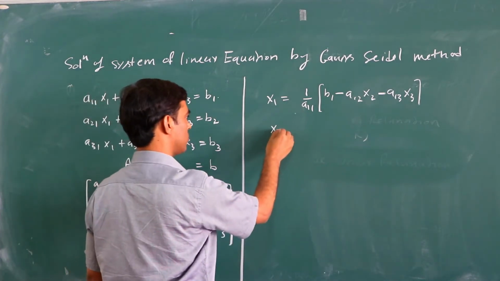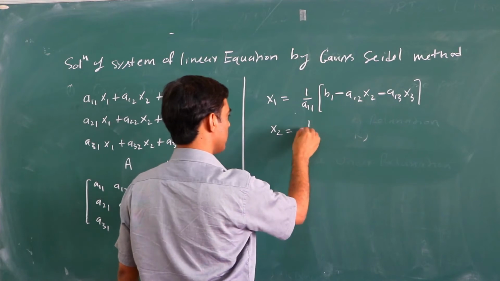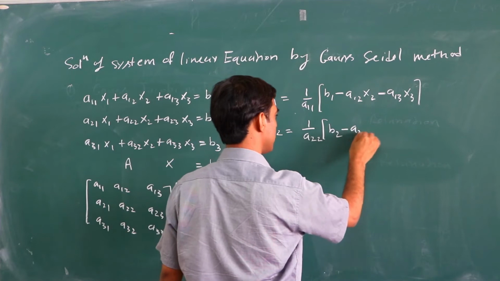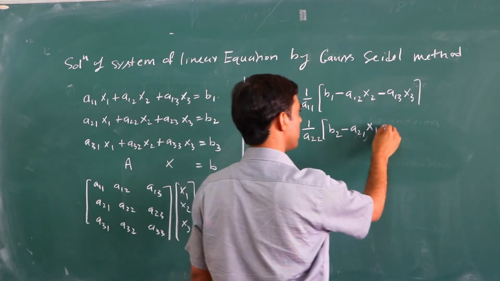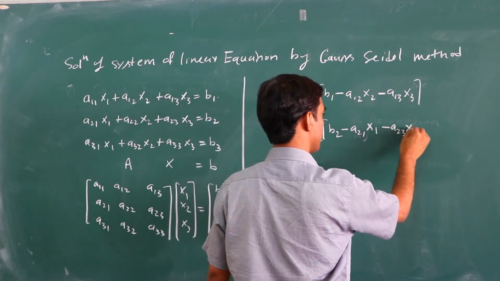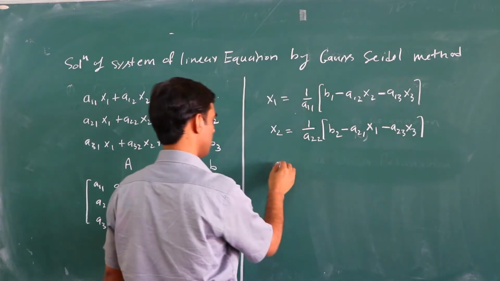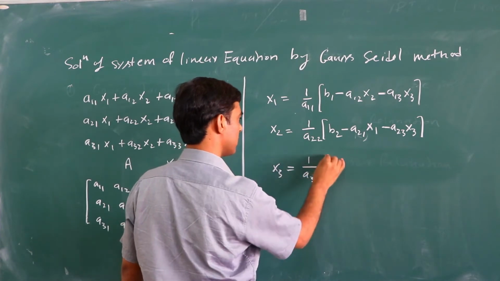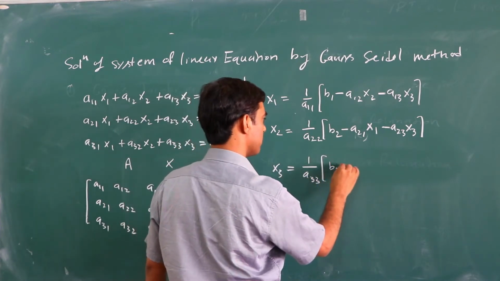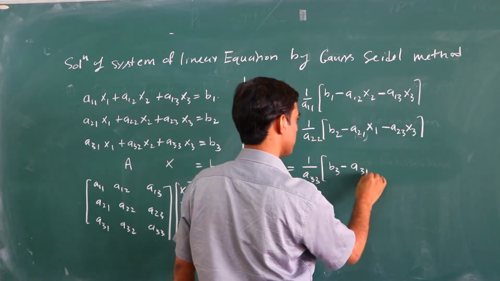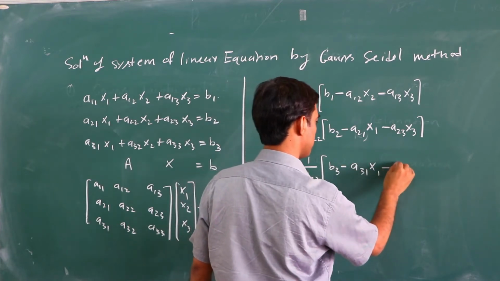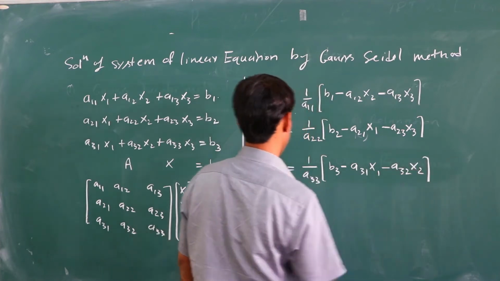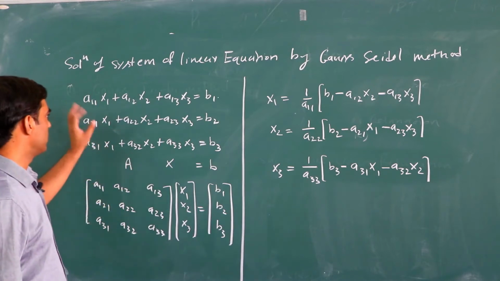So x2 equal 1 upon a22 times v2 minus a21 x1 minus a23 x3, and x3 equal 1 upon a33 times v3 minus a31 x1 minus a32 x2.